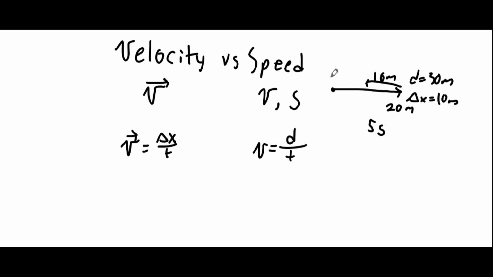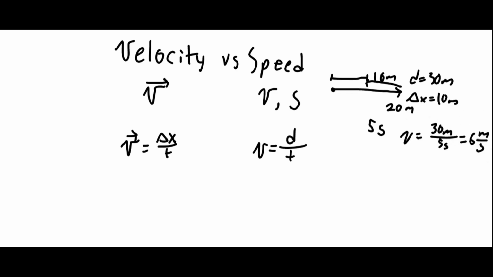Because displacement, we only care about this here, which is 20 minus 10, which is 10 meters. So our speed is going to be 30 meters over 5 seconds. It's going to be 6 meters per second.